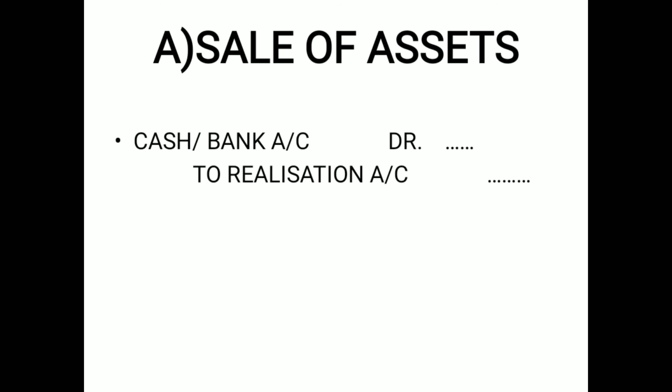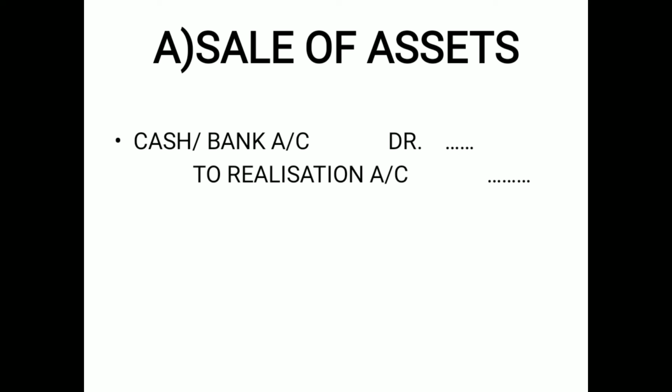Okay, when you sell these assets, the journal entry is cash and bank account debit to realization account. If you remember, while understanding cash and bank account in the previous lecture, I clearly instructed that the balance of cash and bank account is not to be transferred to realization account, and there was an important highlighted point that all the cash receipts and cash payments at the time of dissolution are recorded in cash and bank account. So apply that point here.